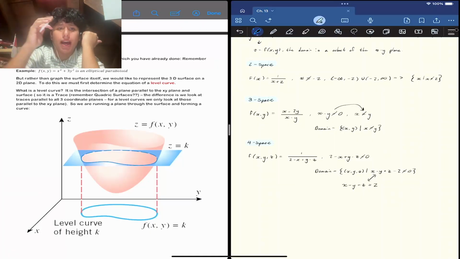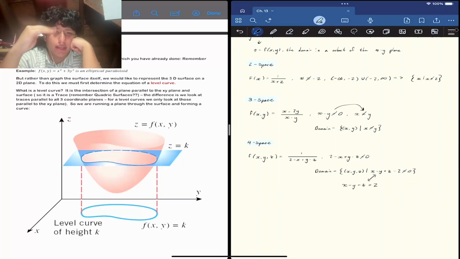That z is some height k from the origin, or where z is equal to 0. Once we get that plane that's parallel to x and y at that height k, it's going to give us a level curve of height k, where f of x and y is equal to k.